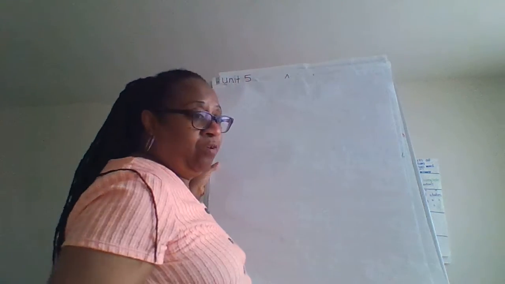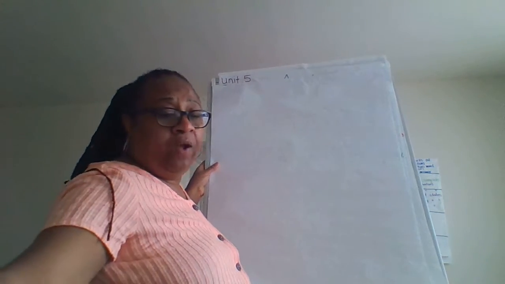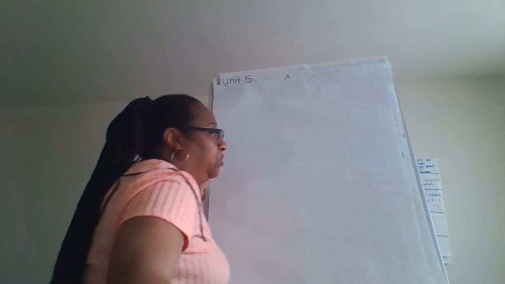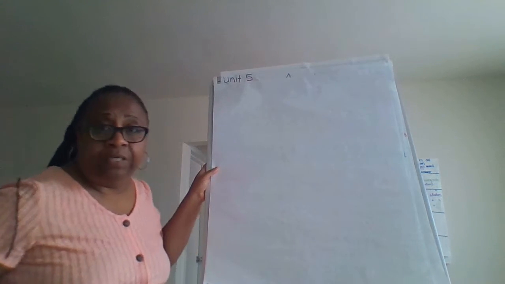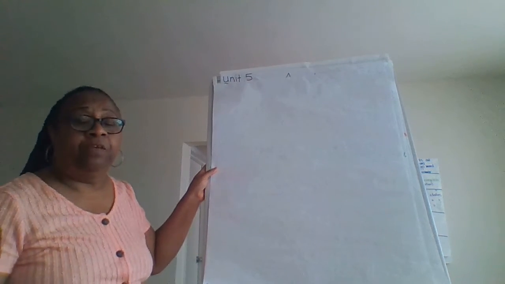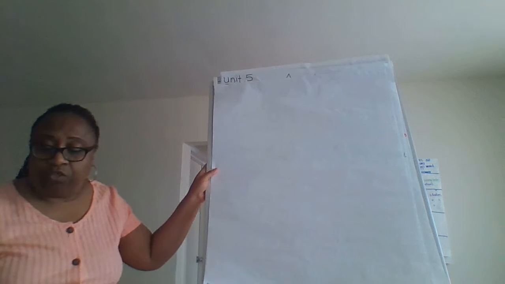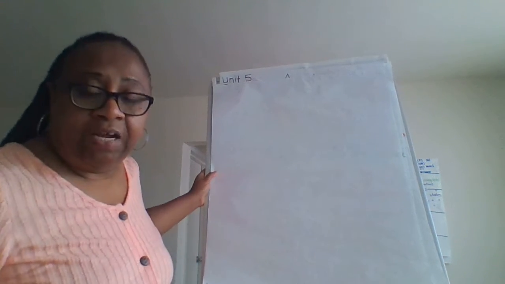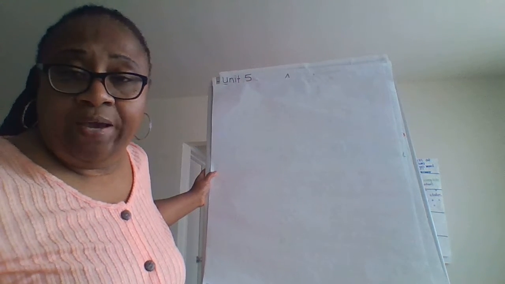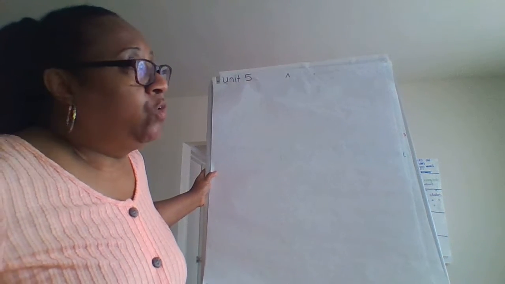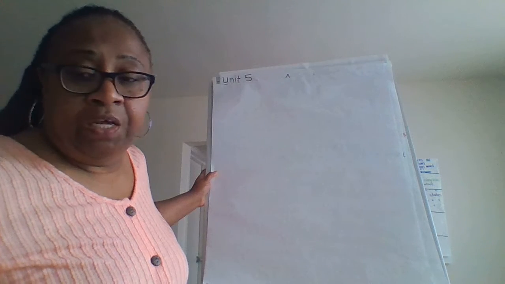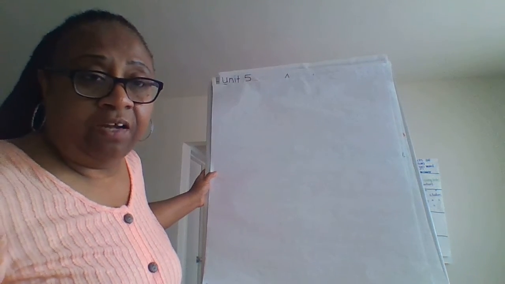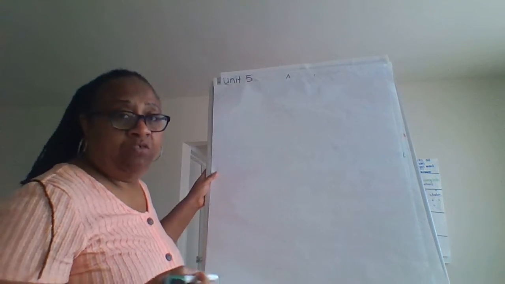I'm going to show you the components of the informative text, and again go over with you how we organize our information when we're writing essays. Let's first look at the outline of our informational text.